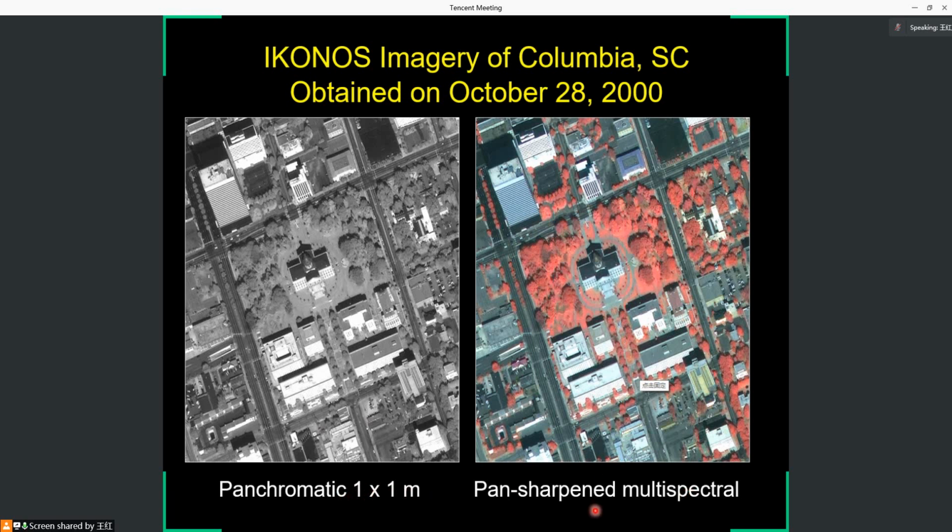So this is very good. We will do an exercise on how to do the pan sharpen, maybe at exercise 4, in the lab. Both high spatial resolution and 4 bands.